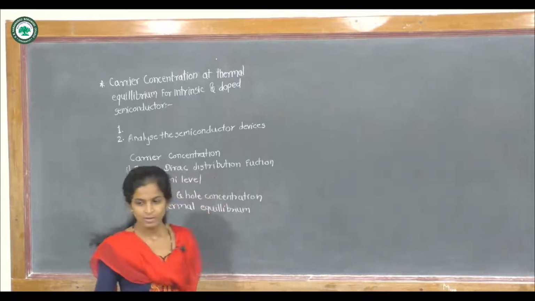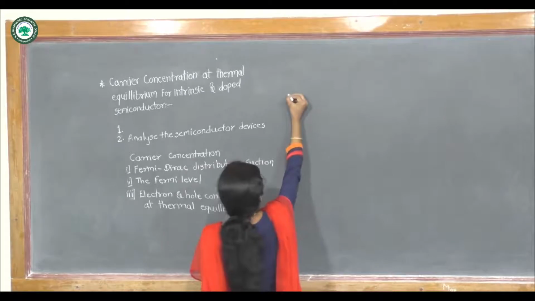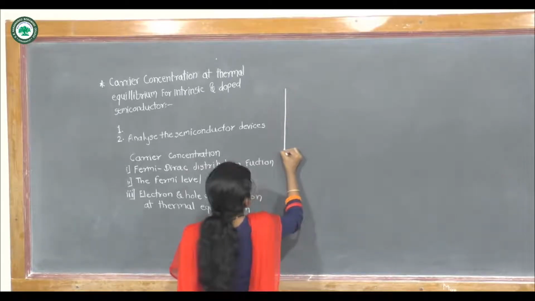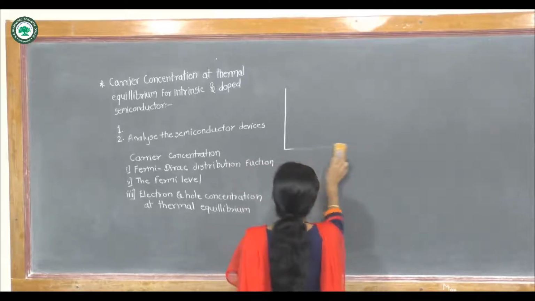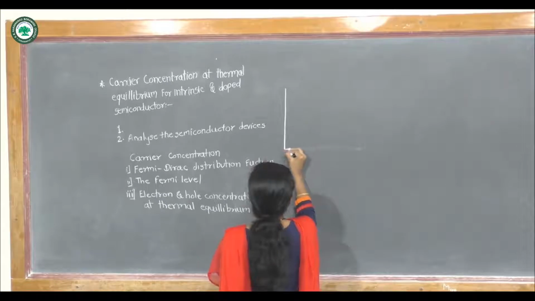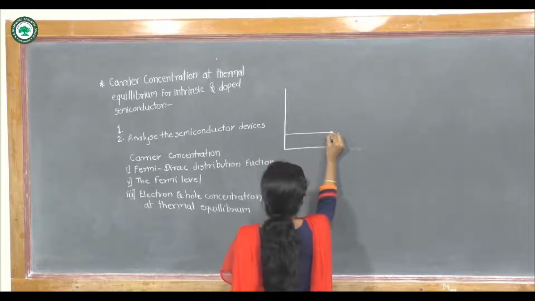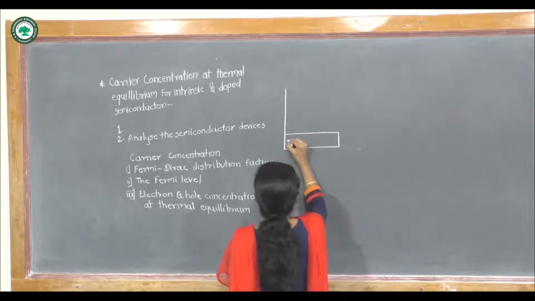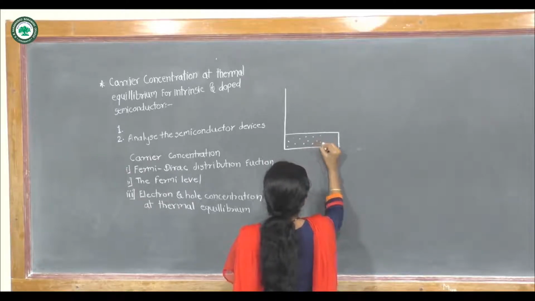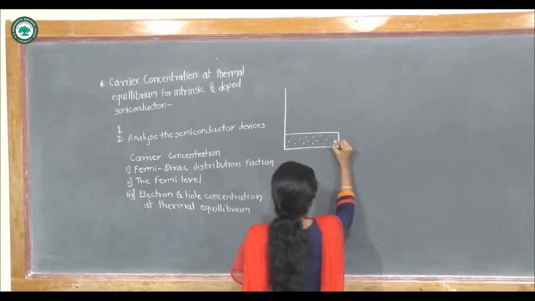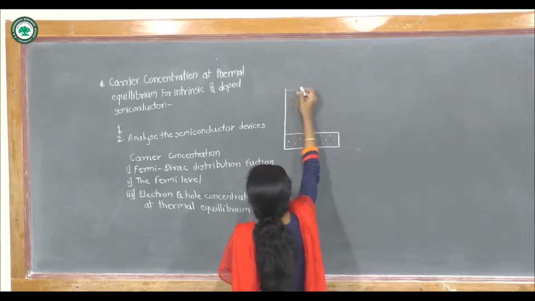So as we know, in the band structure in semiconductor, the valence band is totally filled and the conduction band is totally empty.